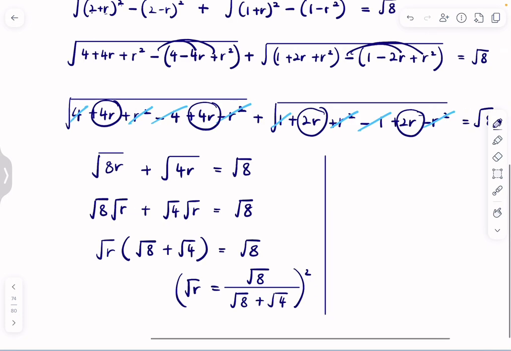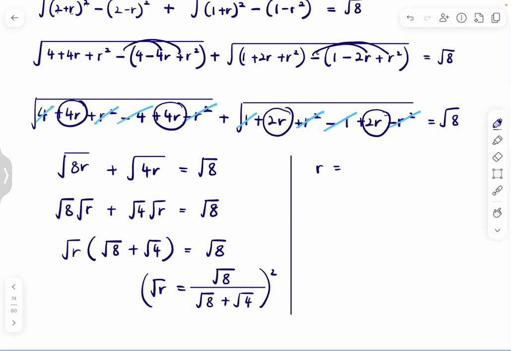So surd r squared is r. Surd 8 squared is 8. The denominator here will be surd 8 squared, we get 8, and 2 times this, we get 2 surd 8 surd 4. Surd 4 squared, we get 4.